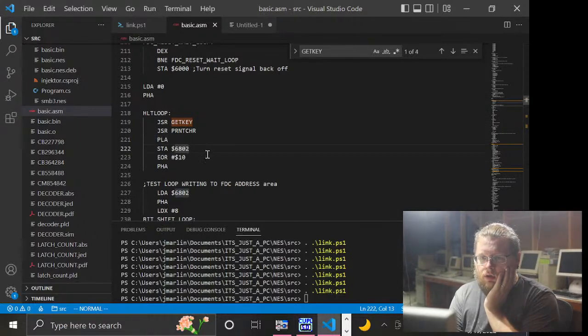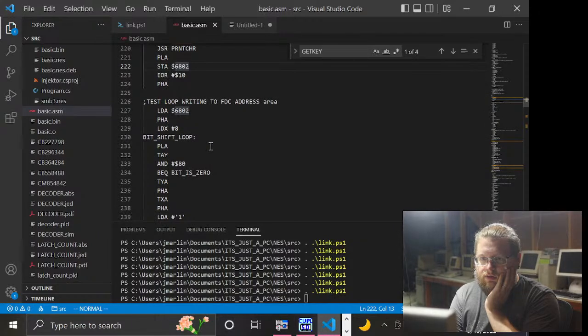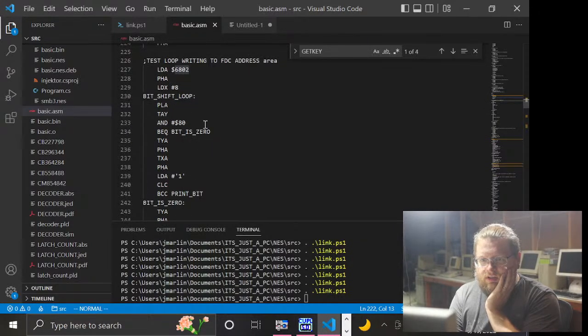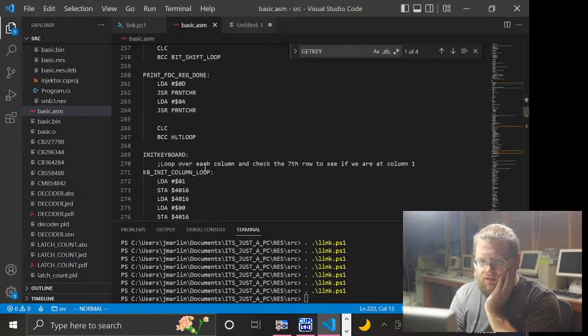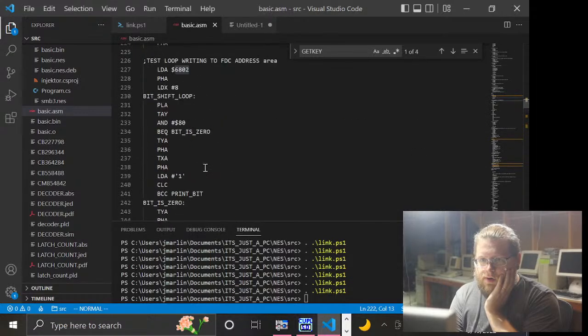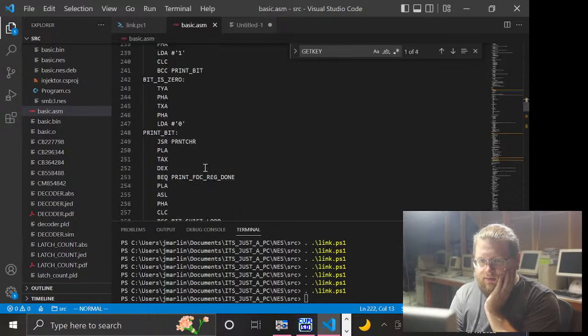I mean, that should work, right? Exclusive OR and then just push it back on the stack. Unless my stack's just getting totally screwed up for another reason. I mean, we use it here for the bit shift printing stuff, but that's it, really.